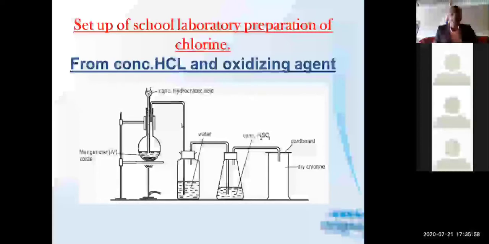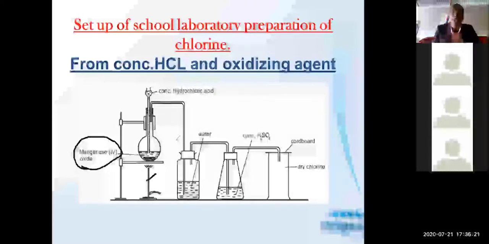Now, if you check the apparatus, let me pick the pen. In this place we are using manganese oxide. You can see there is a source of heat here.